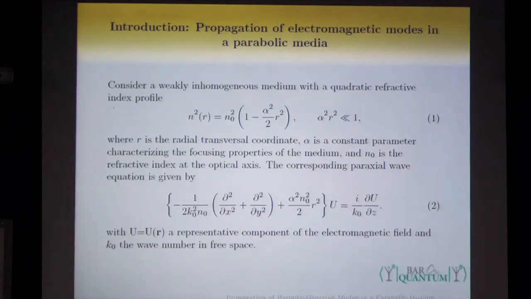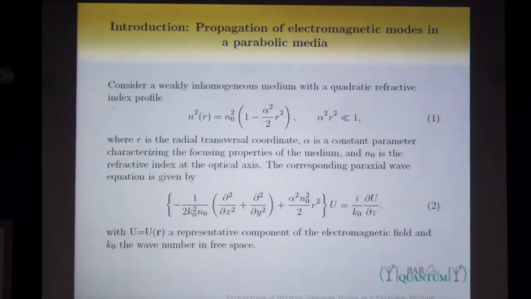Parabolic media is a homogeneous medium with a quadratic refractive index profile, like this. Here R is related to the radial coordinate, and alpha is a parameter related to the focusing of the medium. Later we will see what the focusing properties mean.